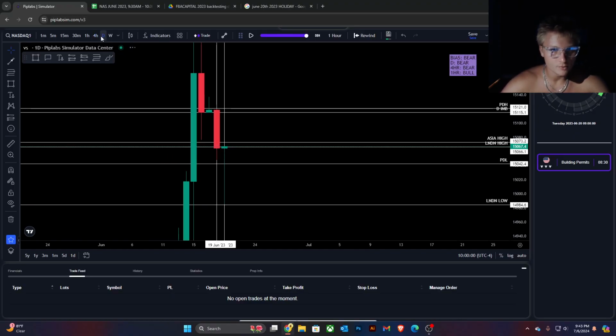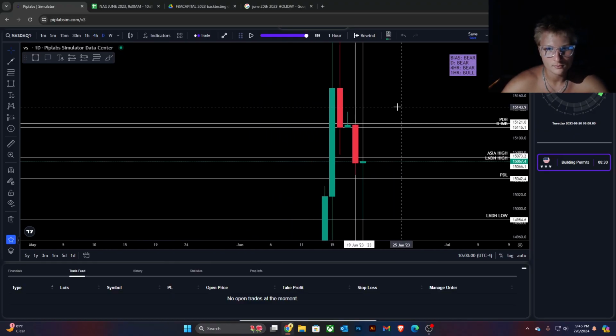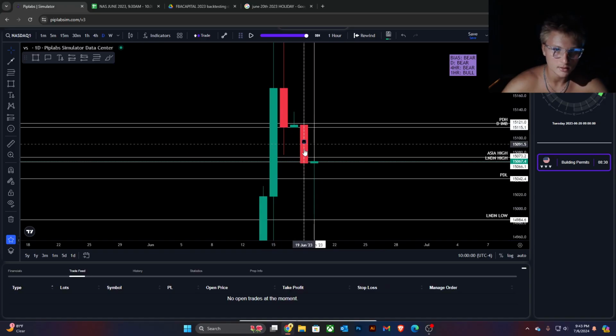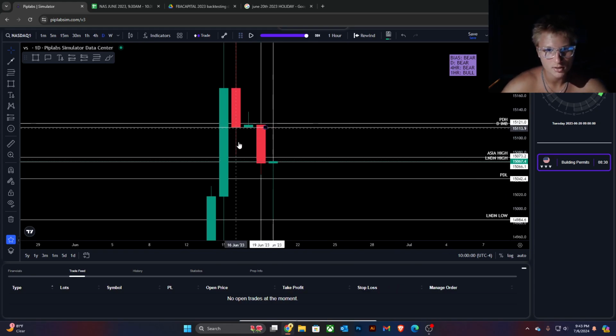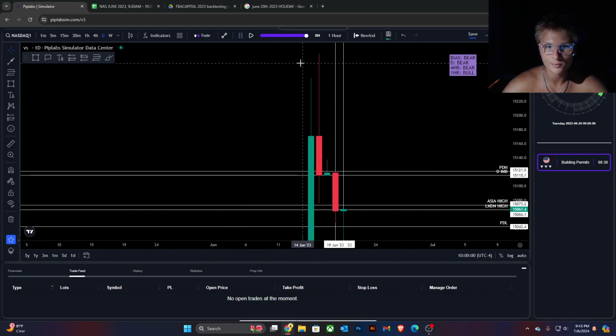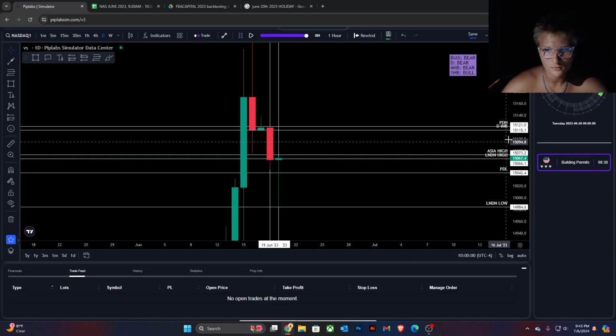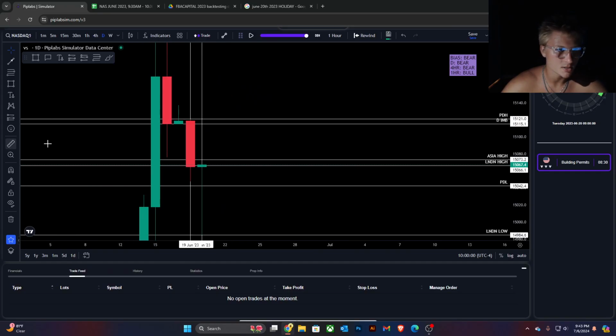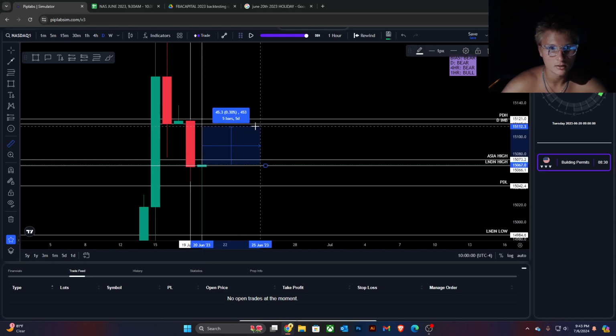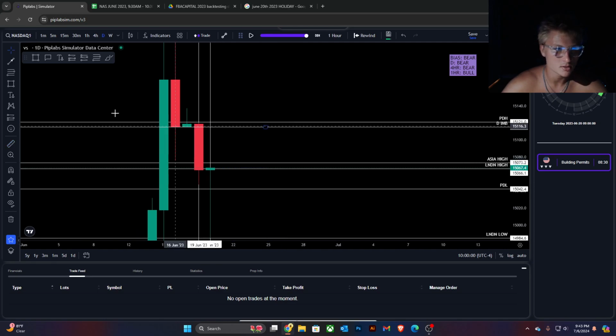But looking at the daily here, we broke structure to the downside after sweeping liquidity. Let's just see if this would be too far of a move or not. So 500 points, yeah, so it could make sense.